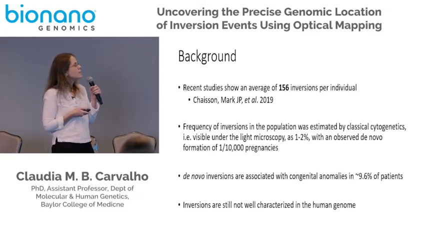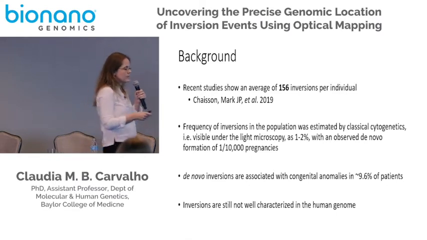A recent paper, a very nice paper about inversions and other structural variants by the Charles Lee group, showed that on average, a person has around 156 inversions, each one of us.